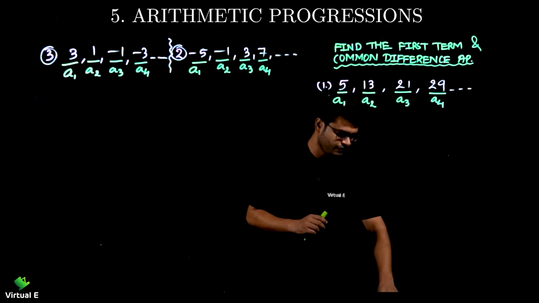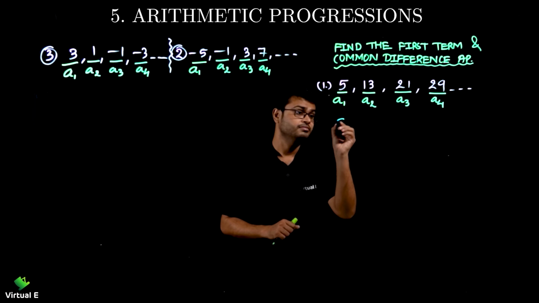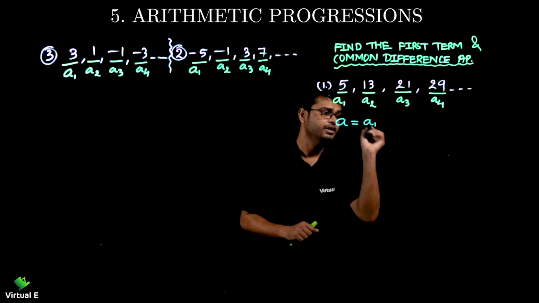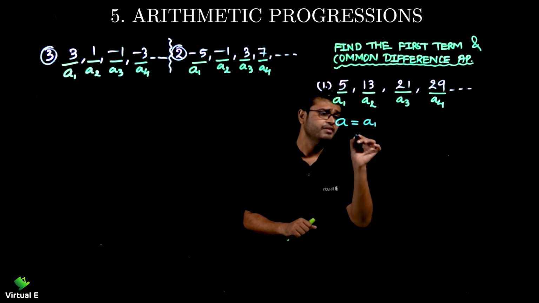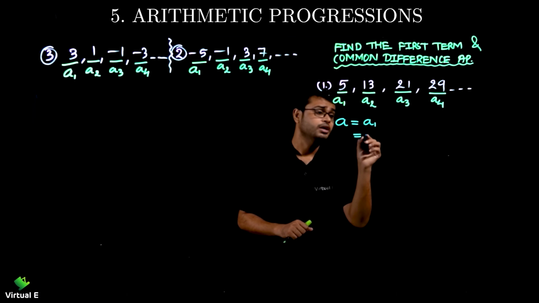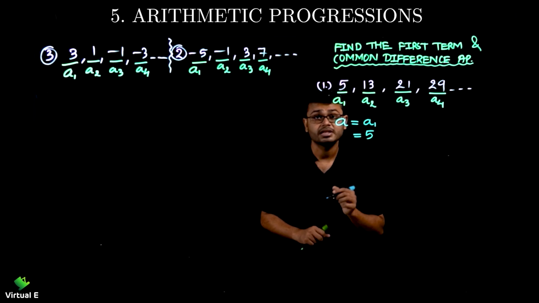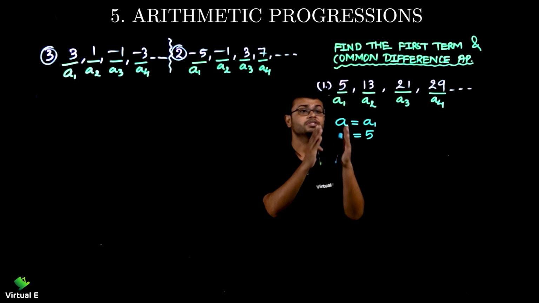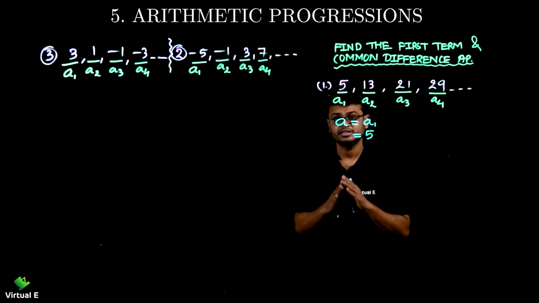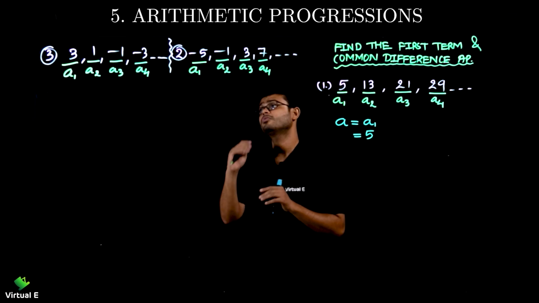Now for the first term, very simple. If I want to find the first term, a is equal to a1. So what will be my value of a? 5. Simple. In this case, my first term is 5. Done. Very simple. Let's do over here.